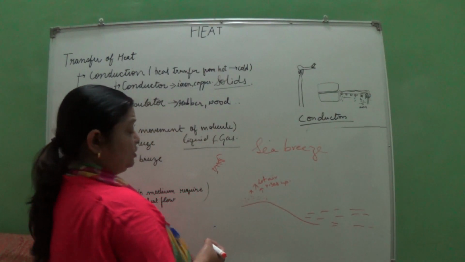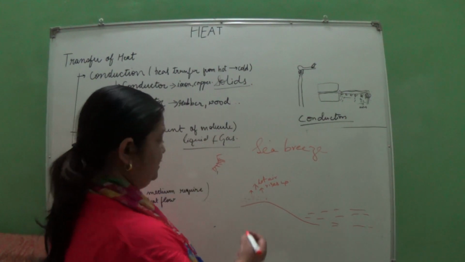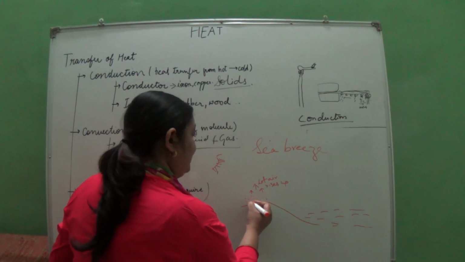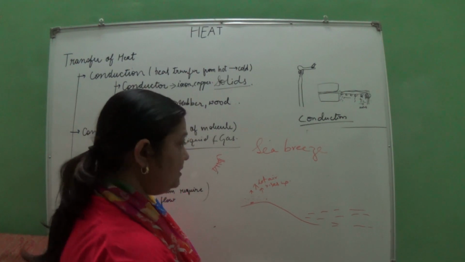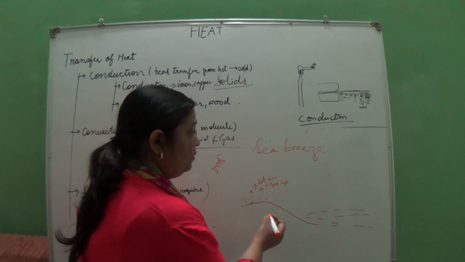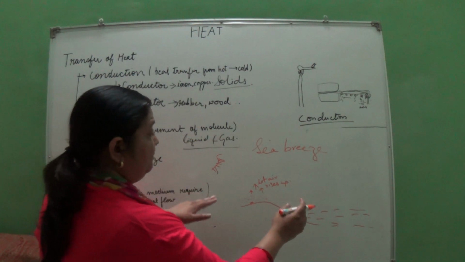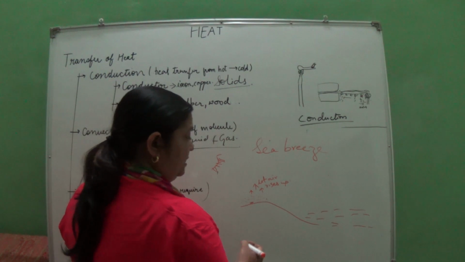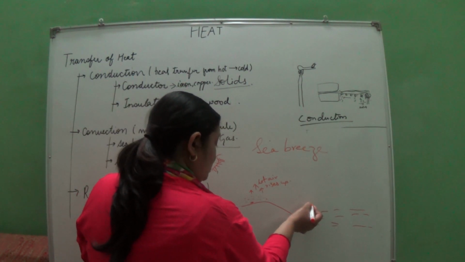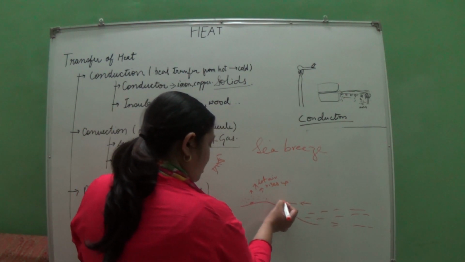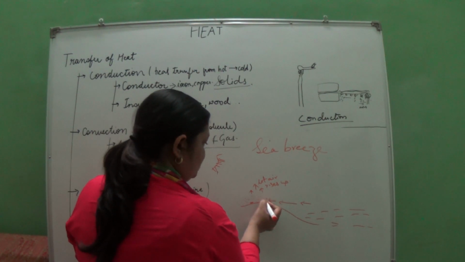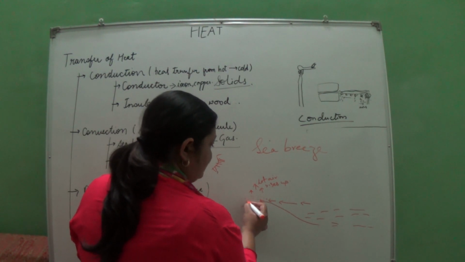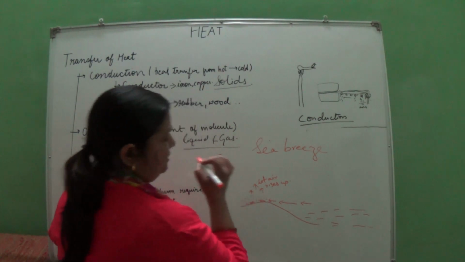As this hot air rises up, a vacant space is created. The sea doesn't get hot so fast, and as a result the cool air from the sea rushes towards the land and occupies this space.